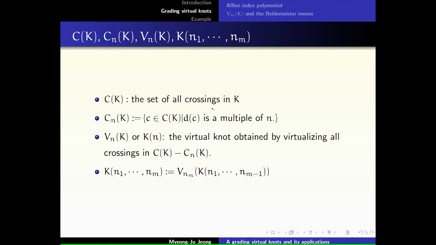Now, we study some notations which will be used in this talk. From now on, C(K) will denote the set of all crossings in K, and we consider a subset of C(K) denoted by C sub n of K, where n can be any natural number. C sub n of K is defined as the set of crossings C so that the degree of C is a divisor of n.